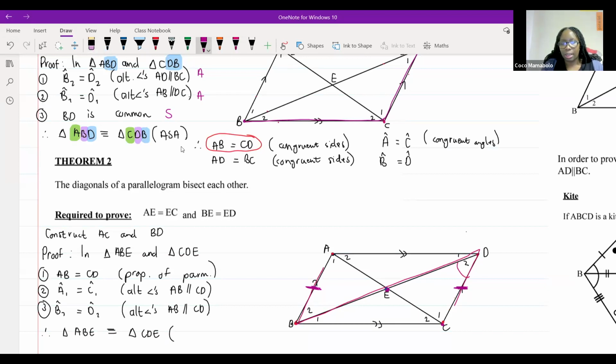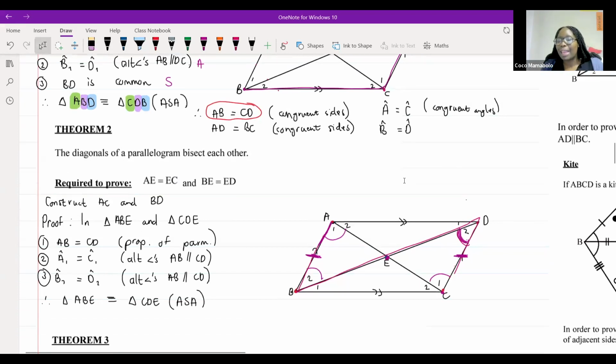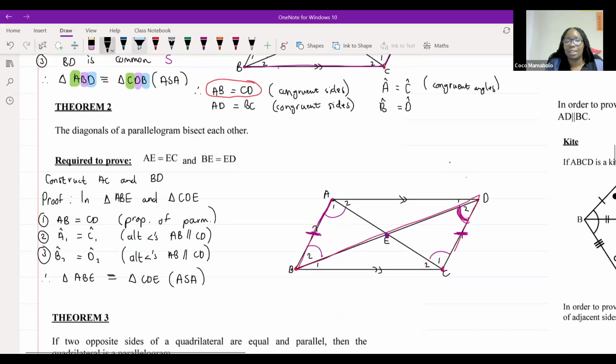We said that angle A1 is equal to C1. We said angle B2 is equal to D2. What's our reason? Side angle. Yes, good. It's two angles with a side in between. So this becomes angle side angle. Nicely done.